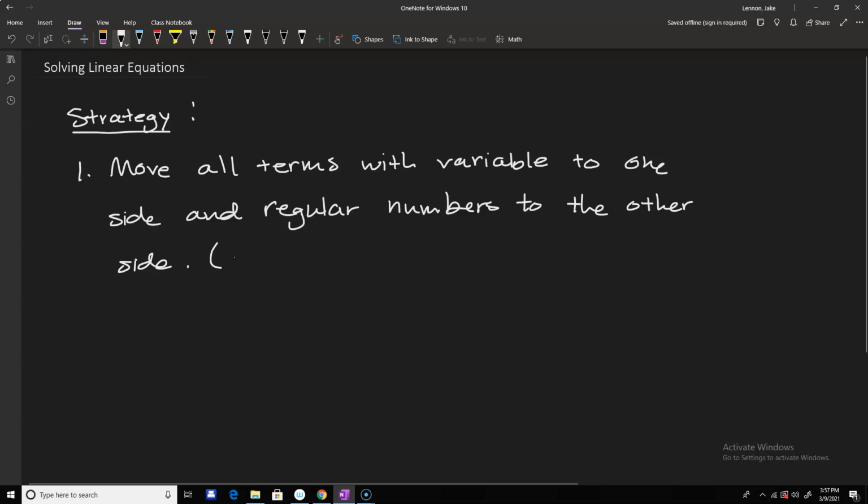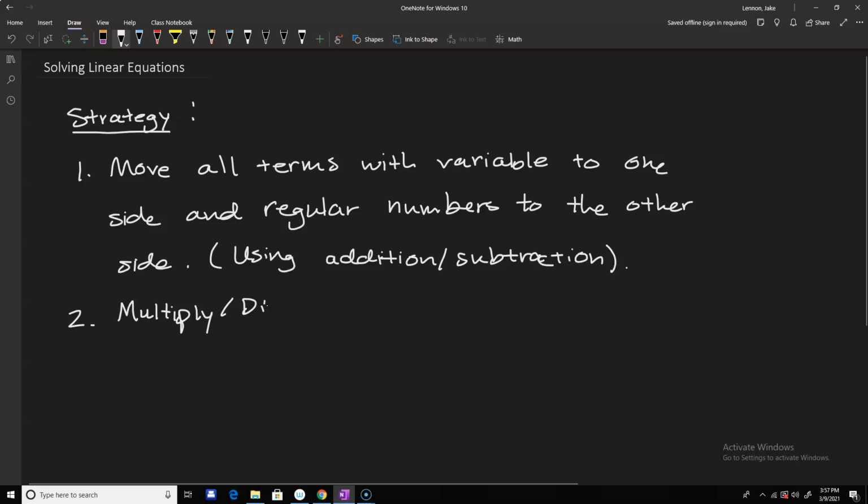This is done using just addition or subtraction, no multiplication or division at that point. And then once you've done that, the second step is to multiply or divide so that the coefficient of the variable is 1.